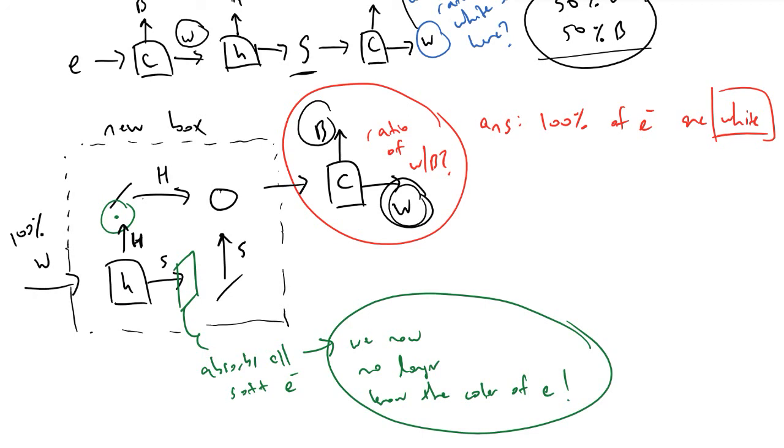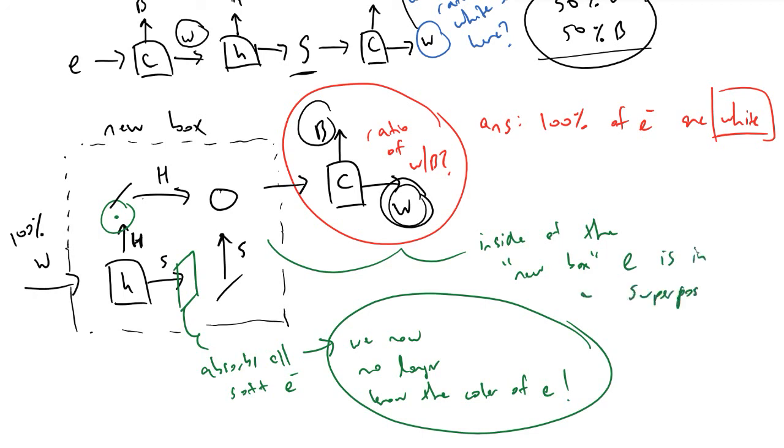So the issue is that when we do that, we no longer know it. And so what we have to say is that inside of the new box, the electron is in a superposition of hard and soft.